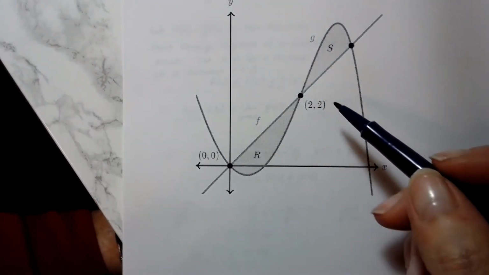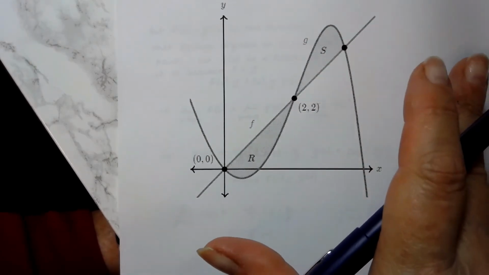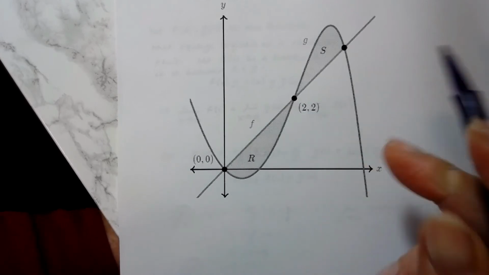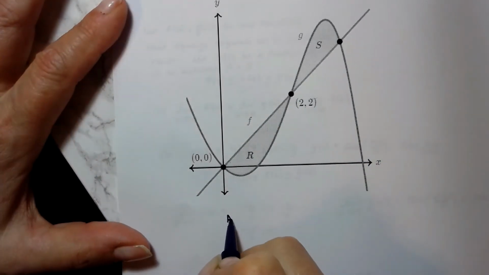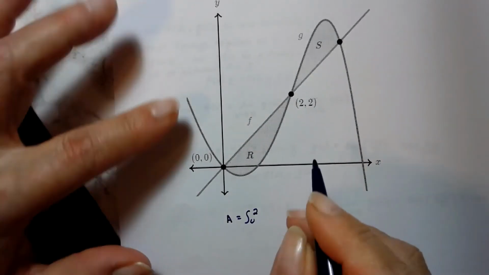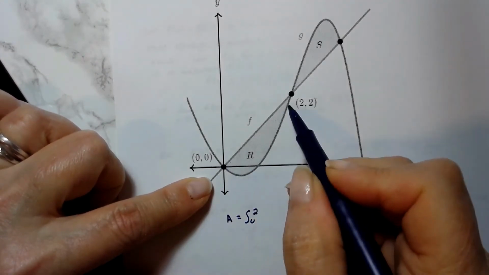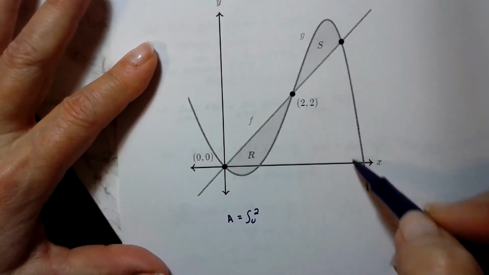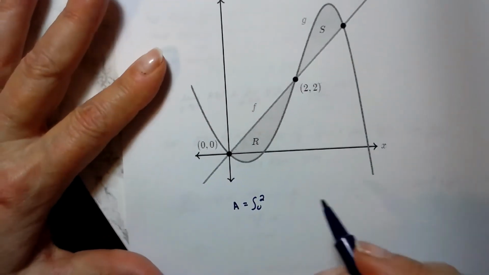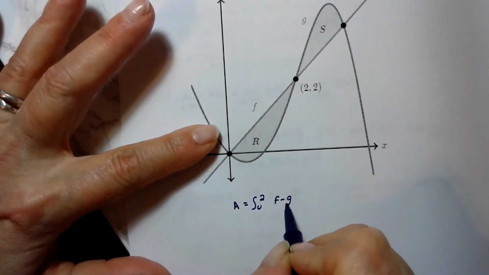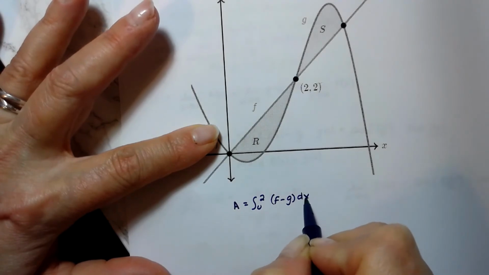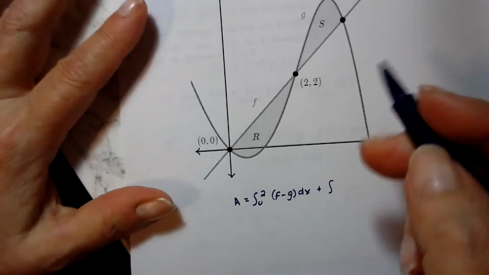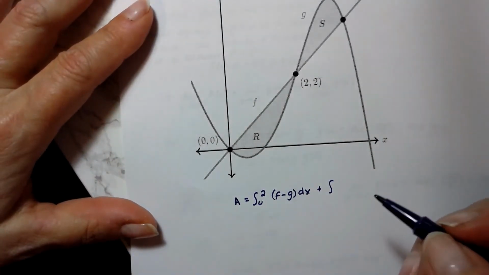You're going to evaluate it the same exact way, but you have to be cognizant of the fact that from 0 to 2, the area is going to be big curve minus little curve. I don't know what f is, so this curvy one is g and f is the linear function. So in this case it would be the integral of f minus g dx. Then you would add to that the integral from 2 to, I don't know what this is, so I'll make it up, 2 to 4, let's say.